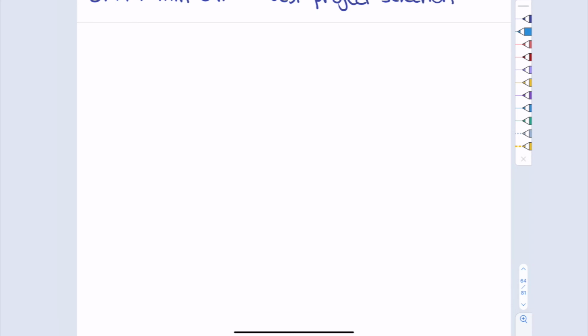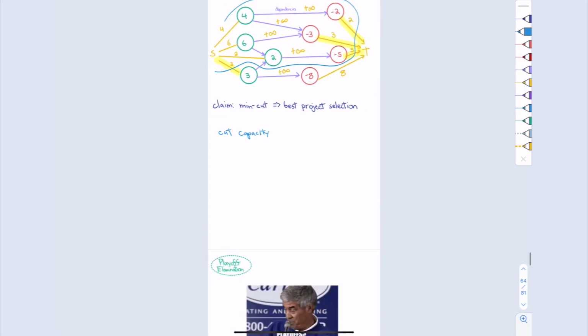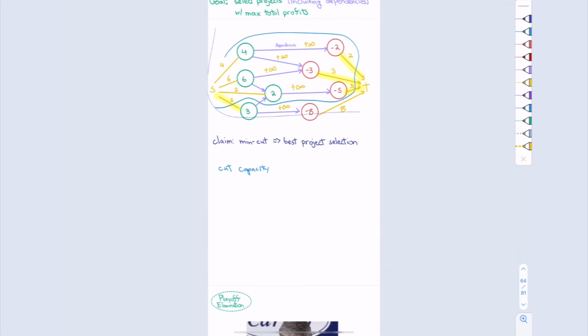That means the cut capacity of whatever S-T cut, maybe I can copy a picture just so.